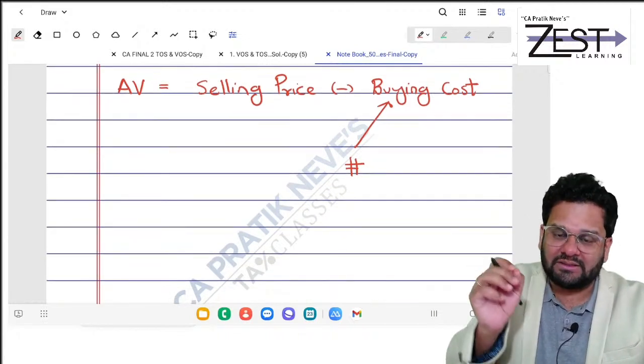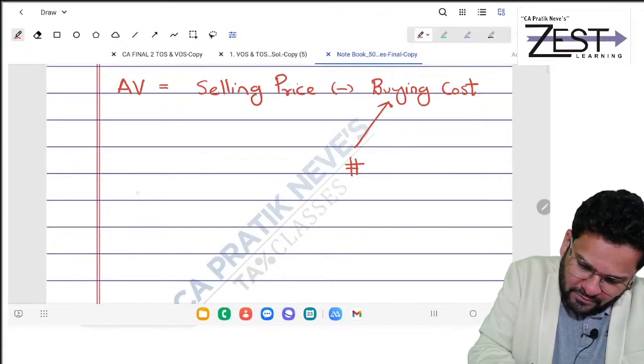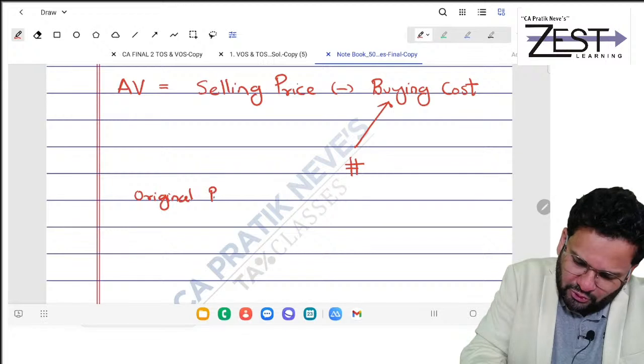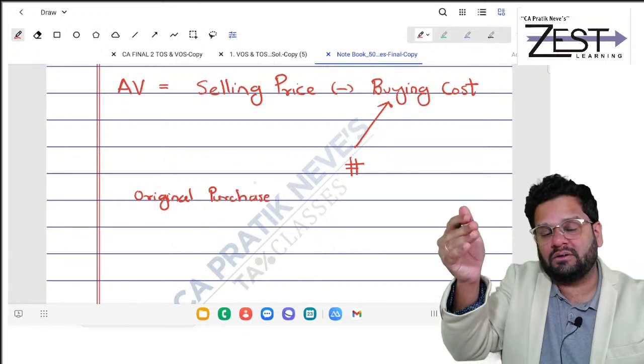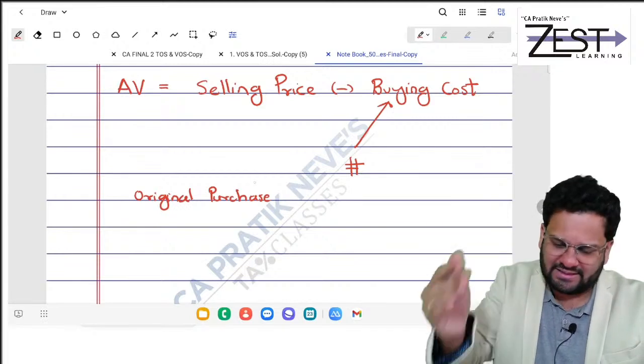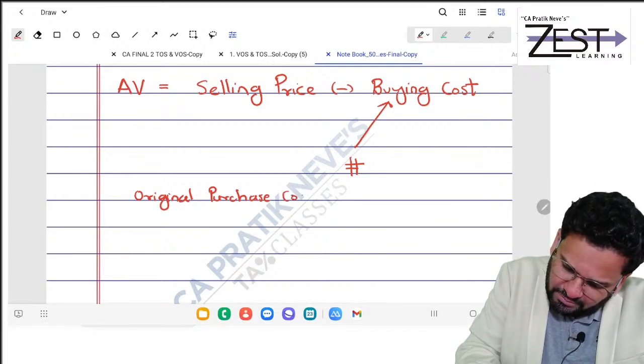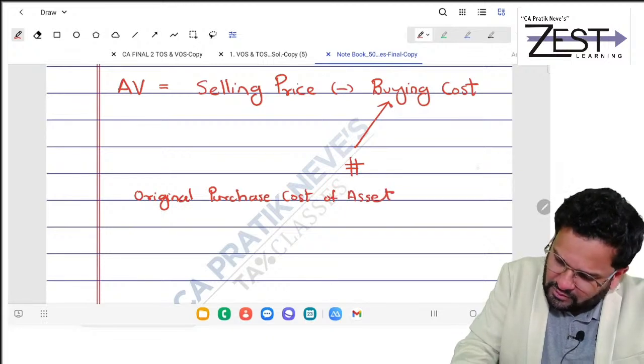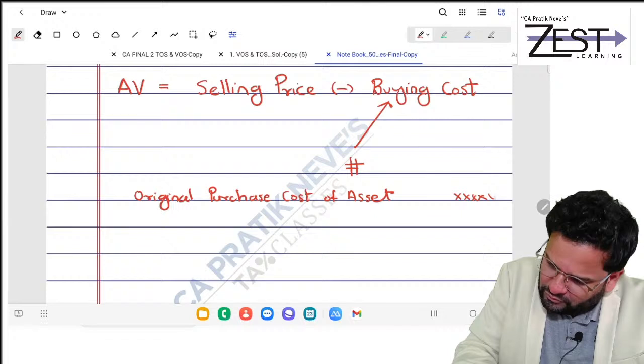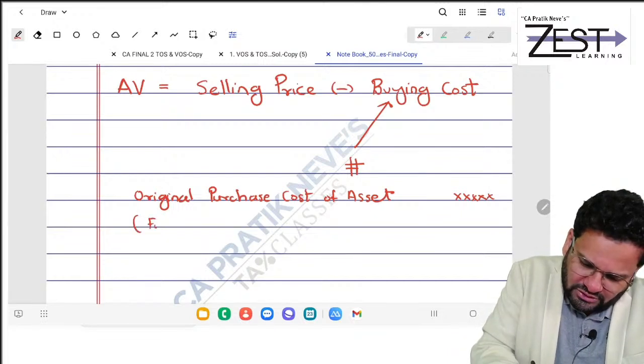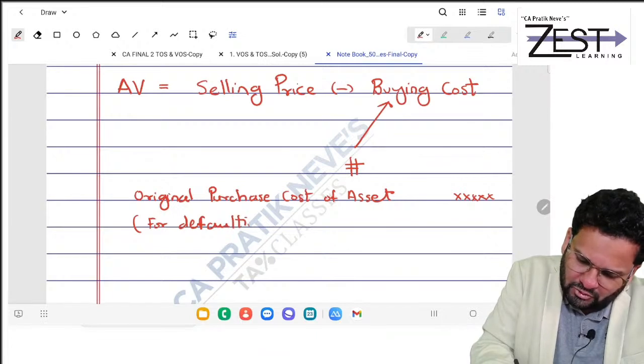Yes. So here, the original purchase cost. Can you tell me who has bought the car or whatever asset? So the original purchase cost of the asset is, of course, for the defaulting borrower. Do you agree with me?